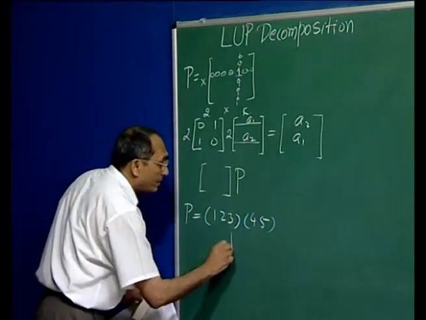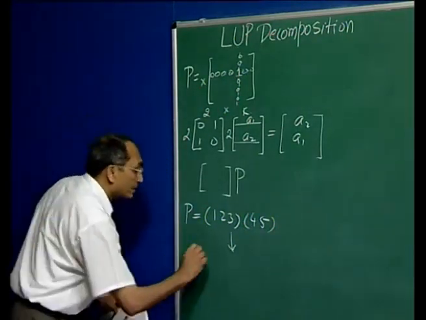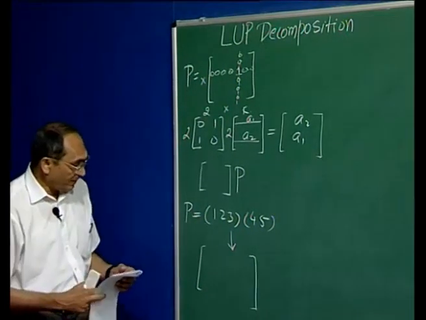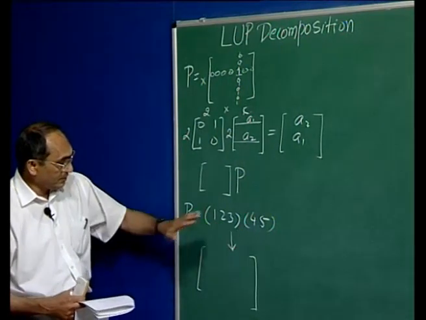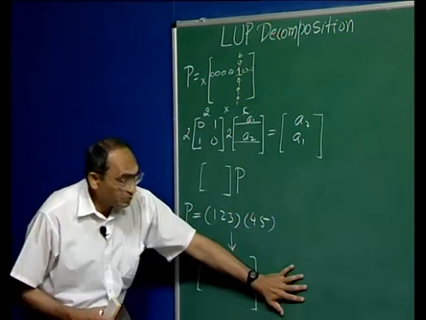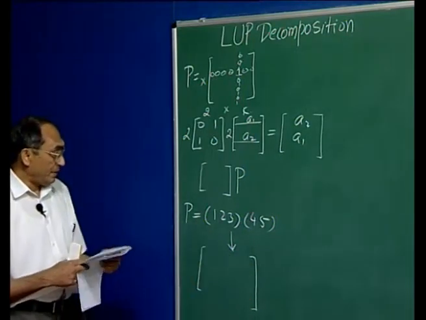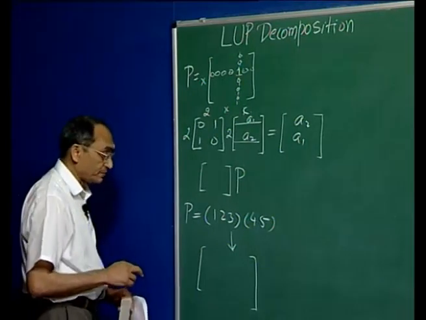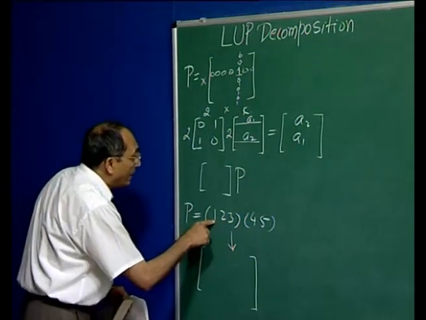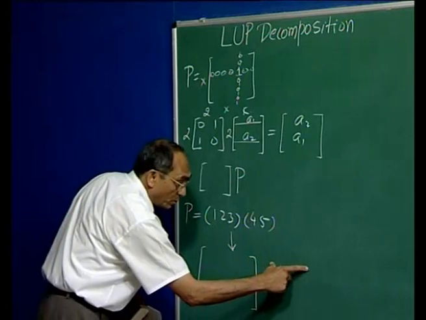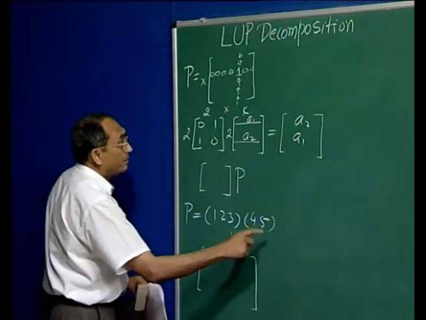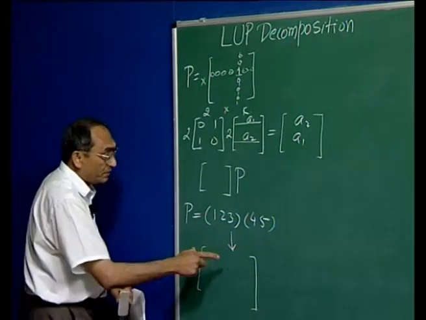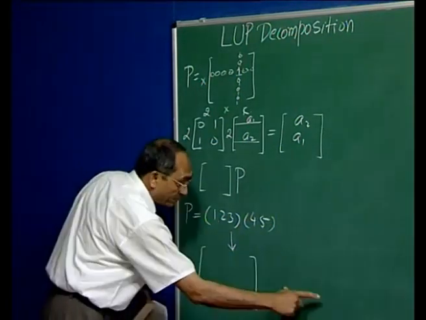The corresponding matrix, in the sense that it has the same effect on the object to its right, has to be a 5 by 5 matrix. If I am multiplying from the left, I am permuting rows. So the first row must go to the second position.